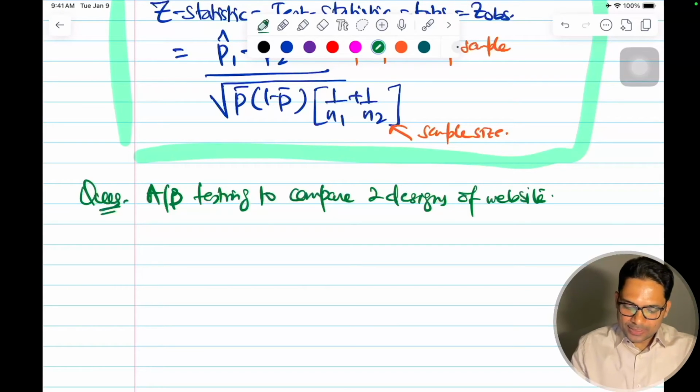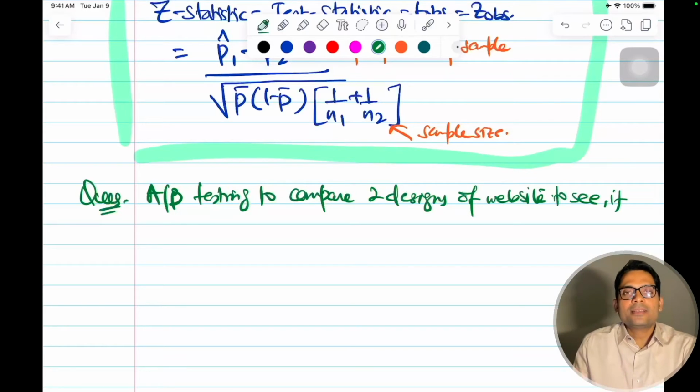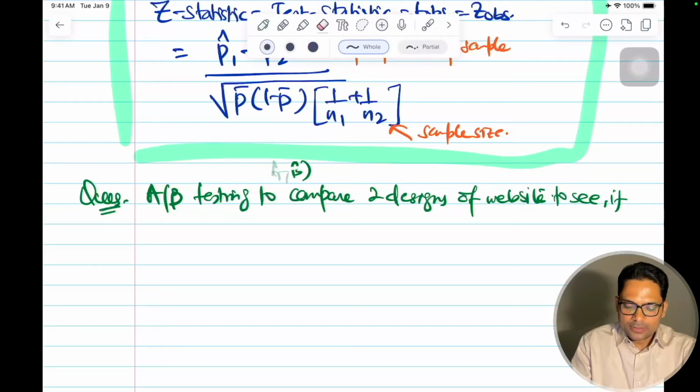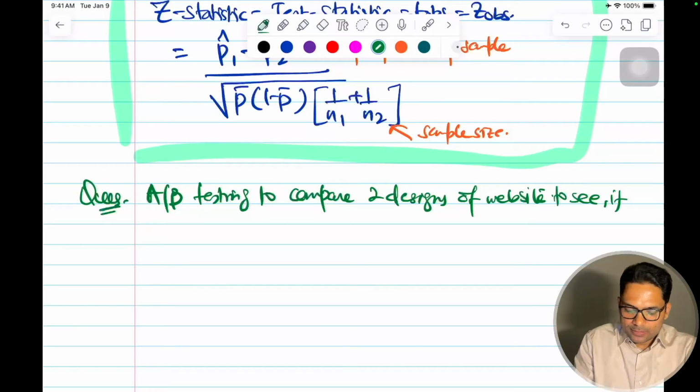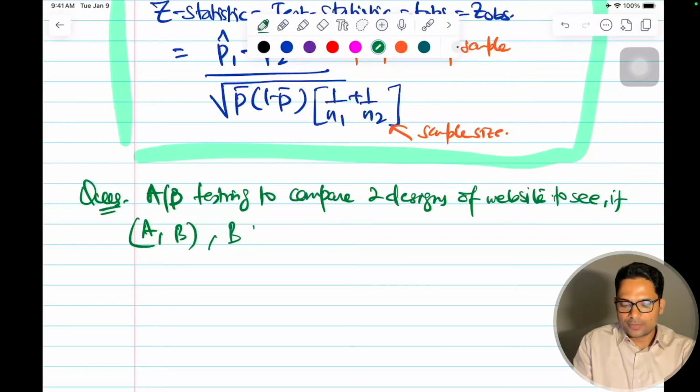So I have A/B testing to compare the two designs of the website. There are two designs, A design and B design, and my claim is that B increases the conversion rate. This is my claim.